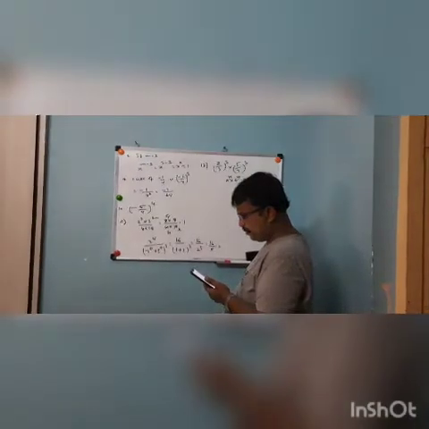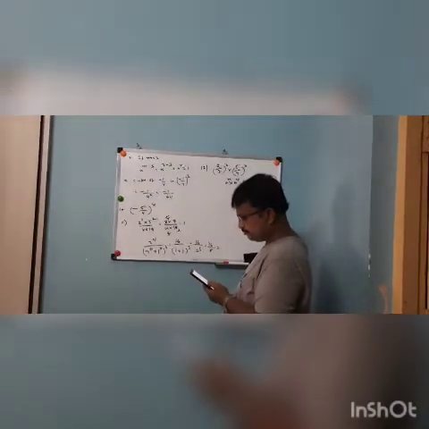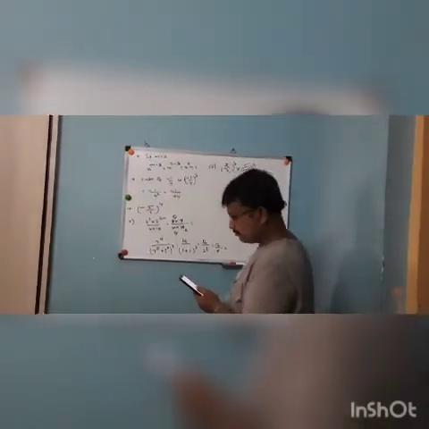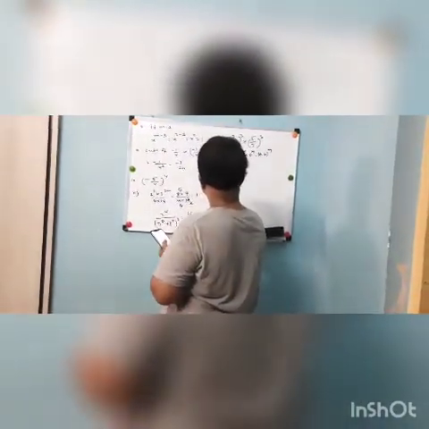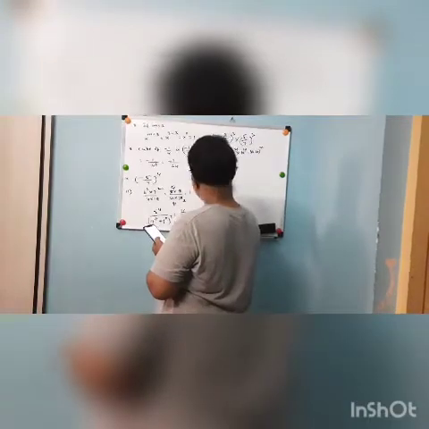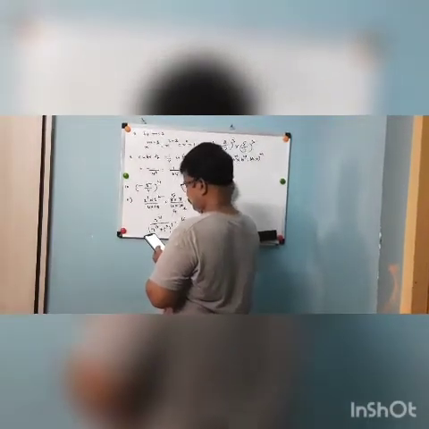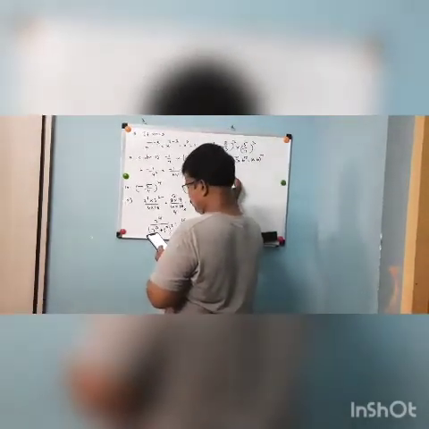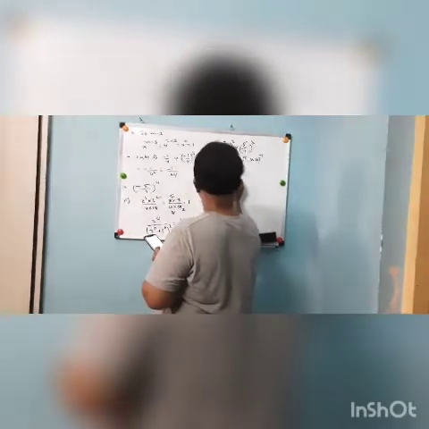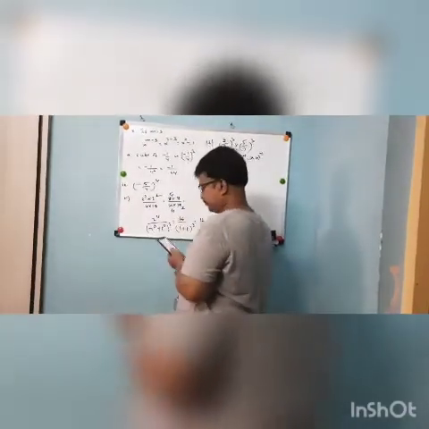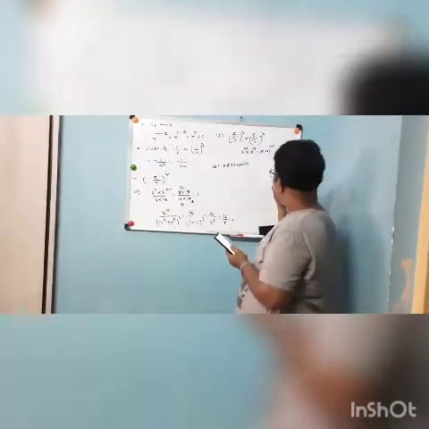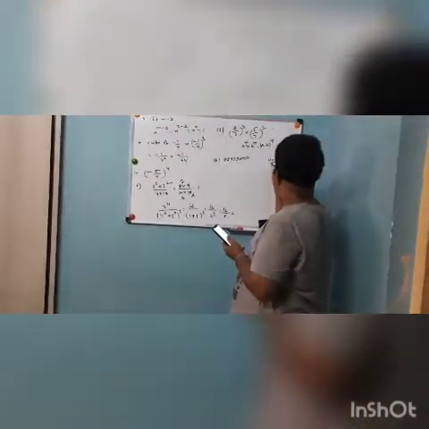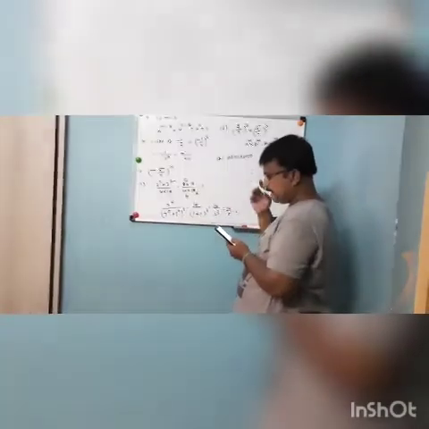In standard form, the number 82903 followed by 4 zeros is written as k into 10 power 8. We have to find k.